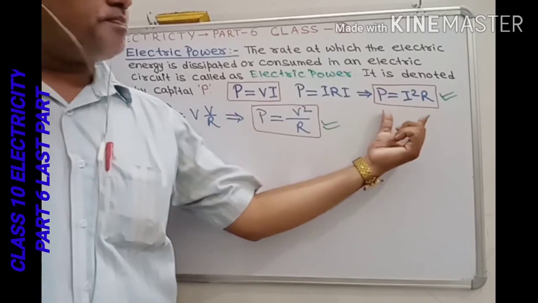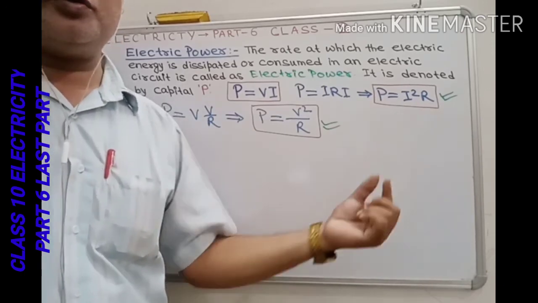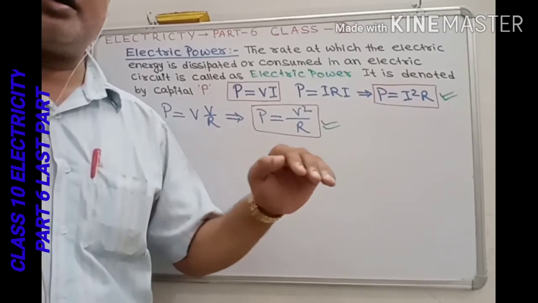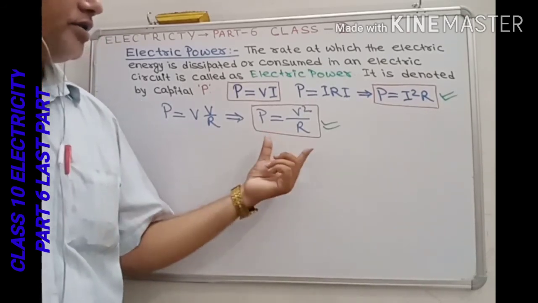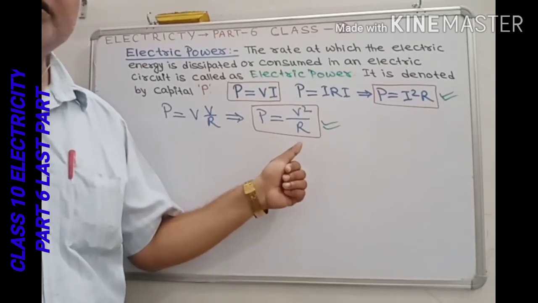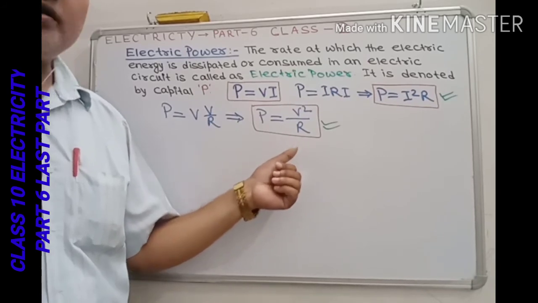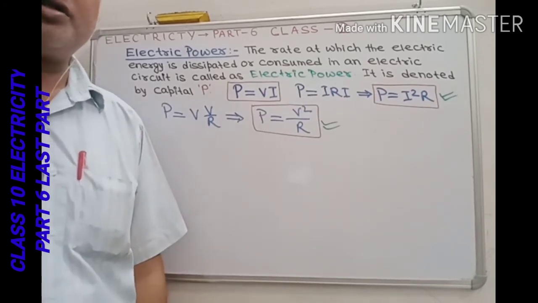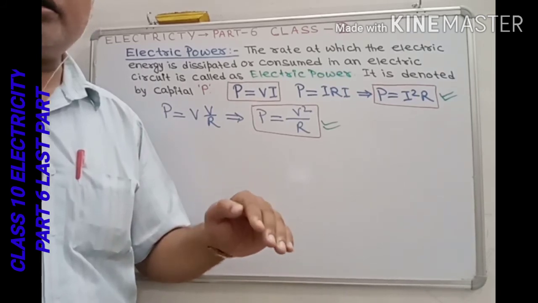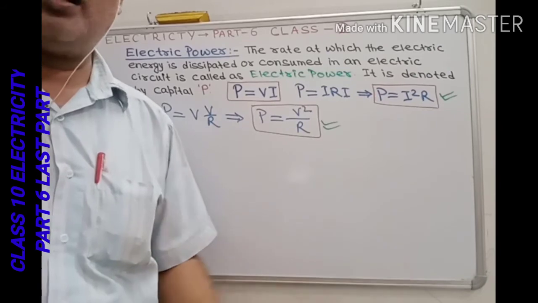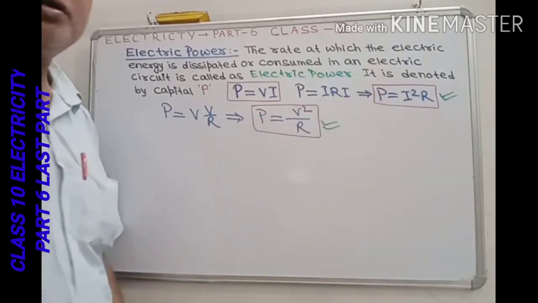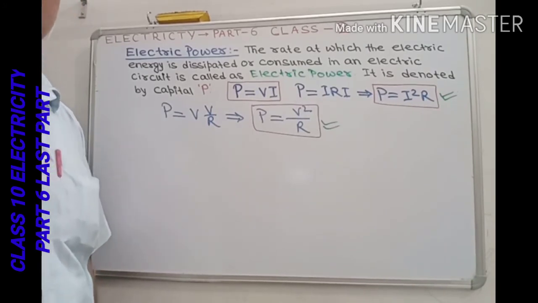So this formula is used for calculating the power when the resistances are connected in series, and this formula is mainly used when the resistances are connected in parallel. For calculating the parallel resistance, we find it by 1 upon R net equals 1 upon R1 plus 1 upon R2 plus 1 upon R3, like this. So this is the main difference between these two formulas.